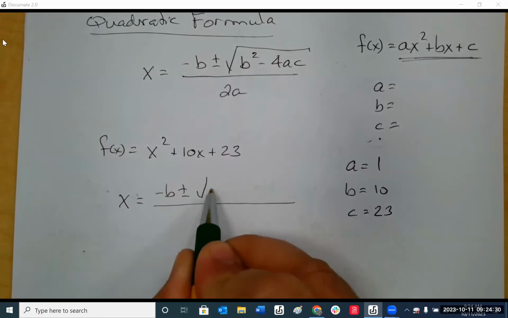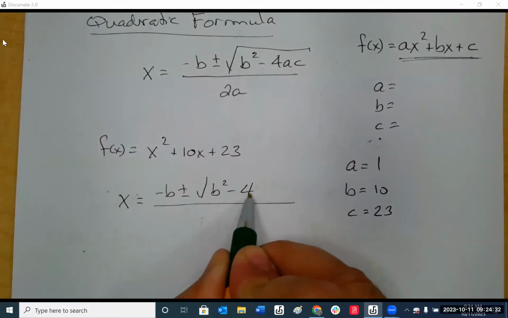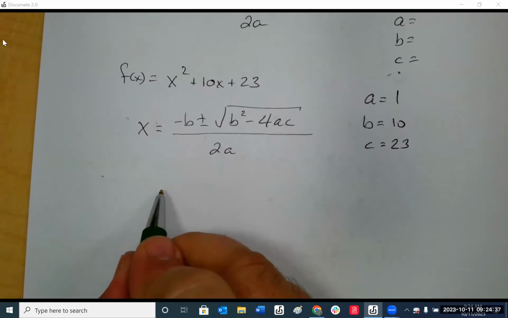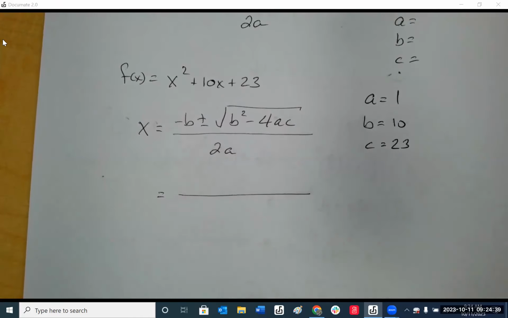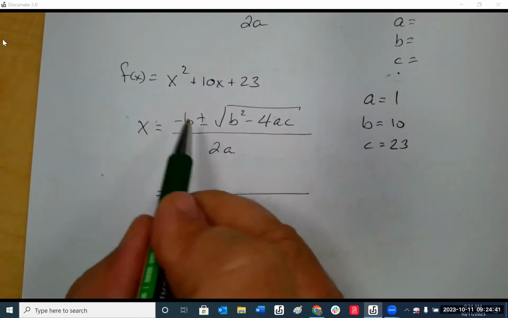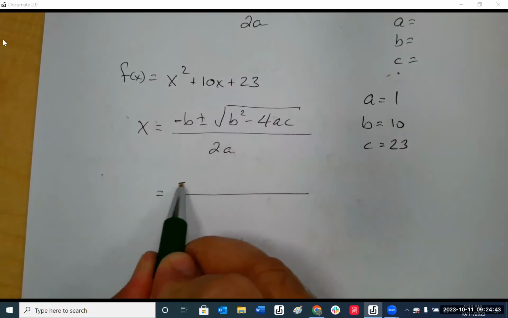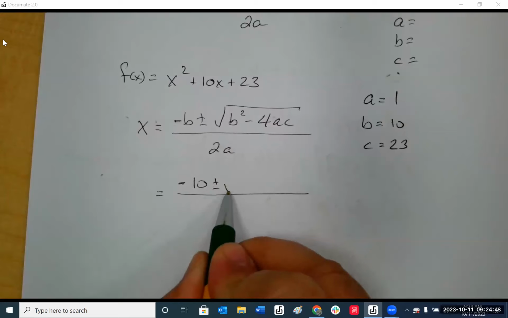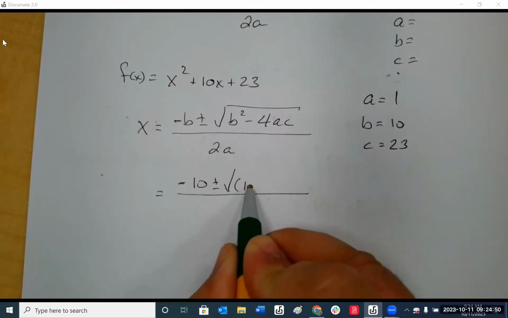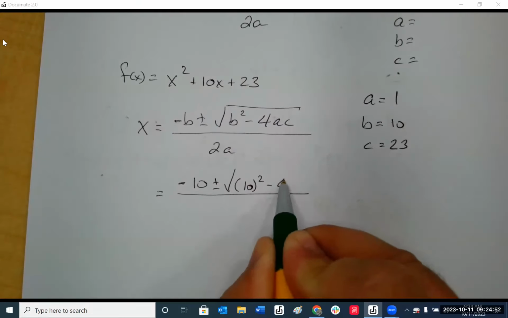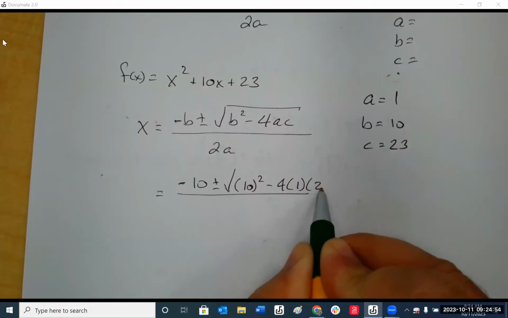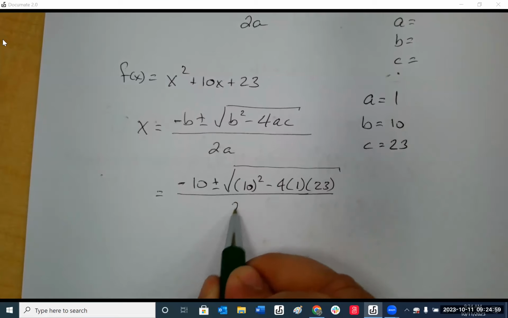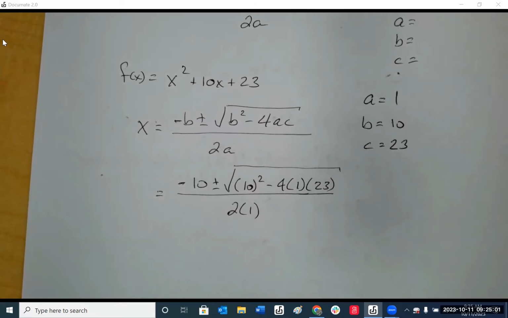Negative b plus or minus the square root of b squared. So here we have negative b is 10. Plus or minus b is 10. 4 times a times c over 2 times a.